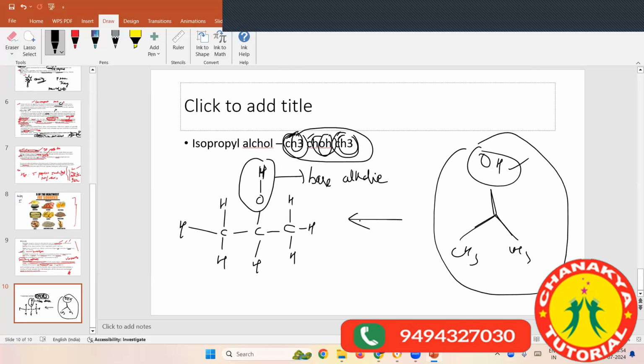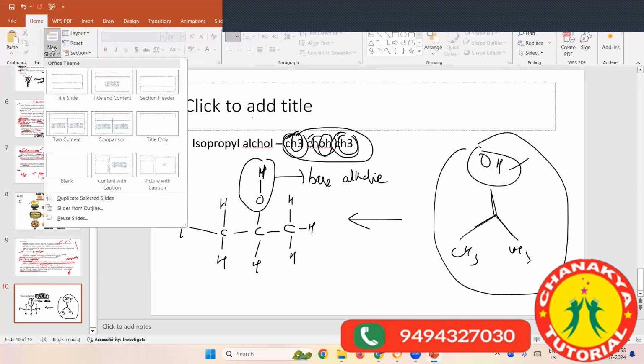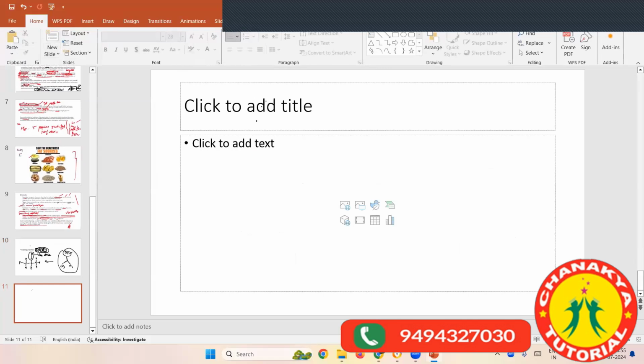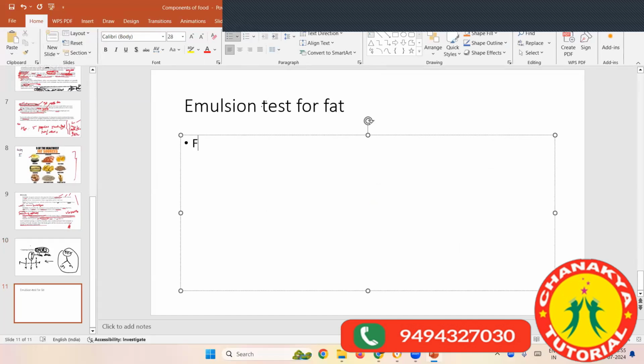You have to, yes. So for isopropyl alcohol, this one basic bond diagram, you can remember this also. And its internal, more defined structure will be this. You have to remember, because we are using the emulsion test for fat. So in the emulsion test for fat, what are the components required?